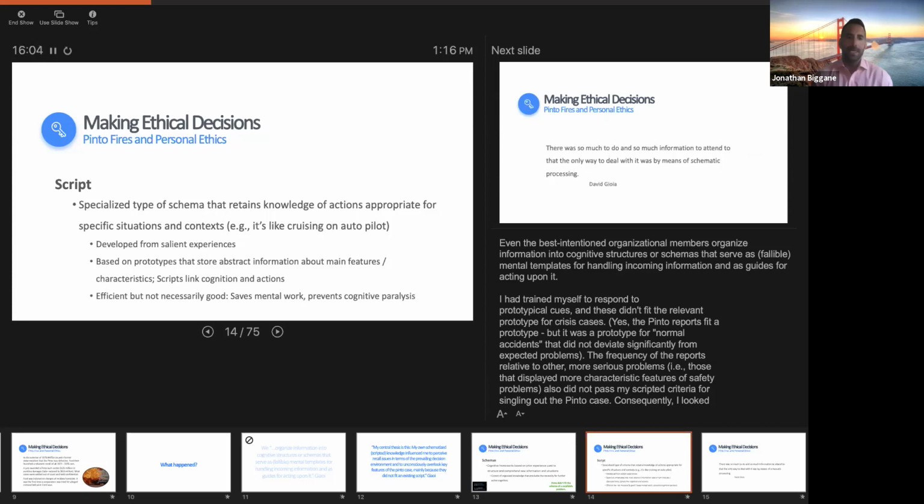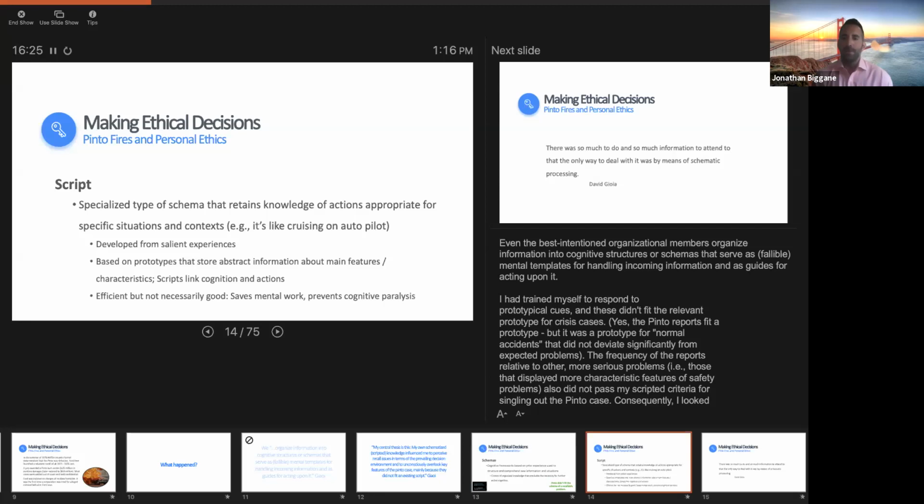He said essentially that he trained himself to respond to prototypical cues. These didn't fit the relevant prototype for this crisis case. He said, yes, Ford Pinto fits a prototype, but it was a prototype for normal accidents, not significant deviation from expected problems.